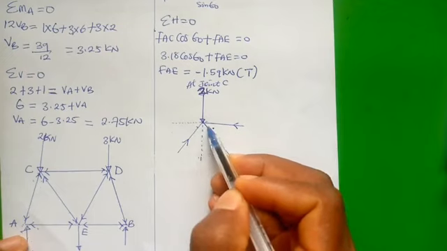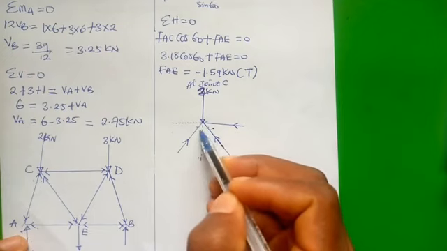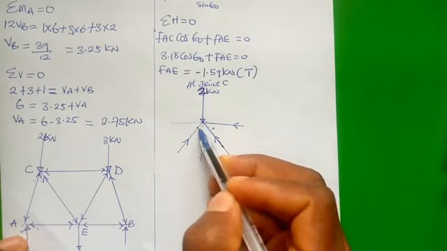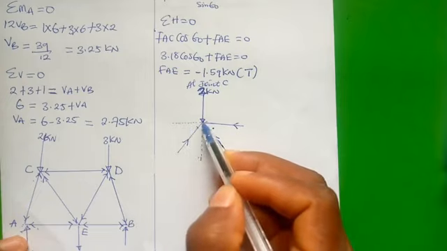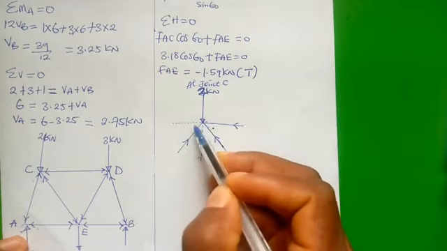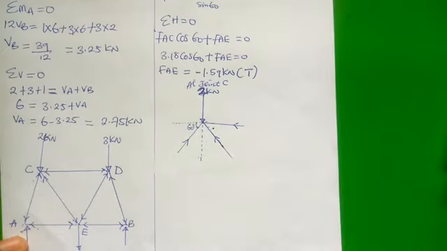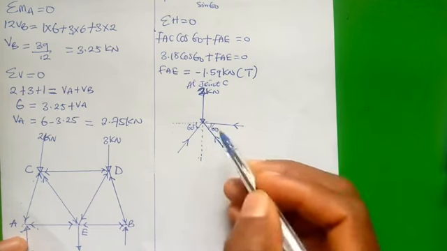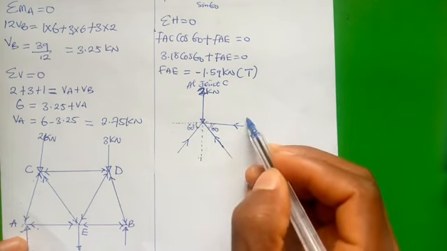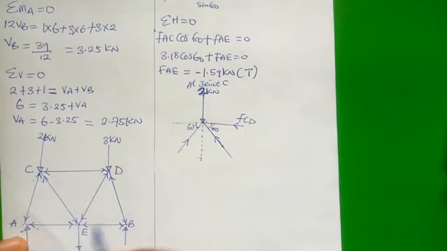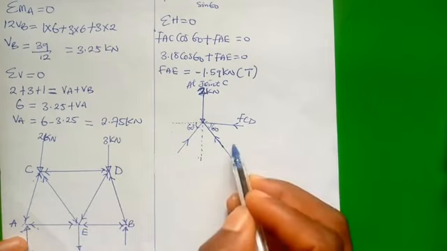So if here is 60 degrees, but this is equilateral, therefore this place is 30. And if this is 30 and this is a perpendicular line, therefore this place will be 60. Likewise this place. And this member is FCD, whereas this member is FCE.